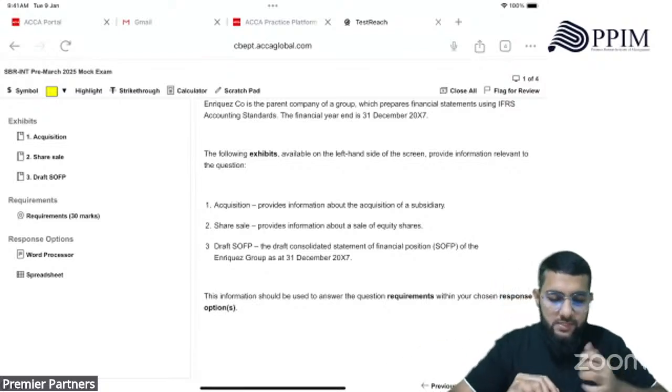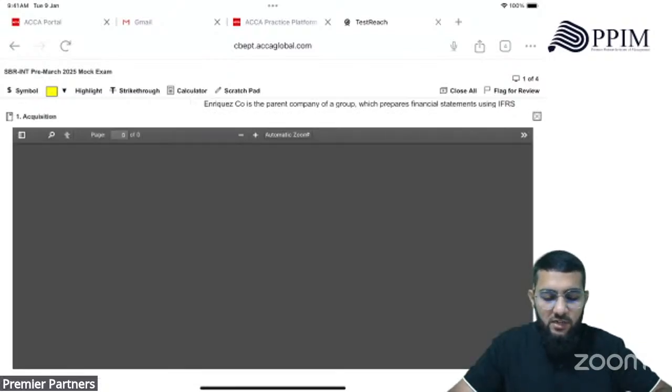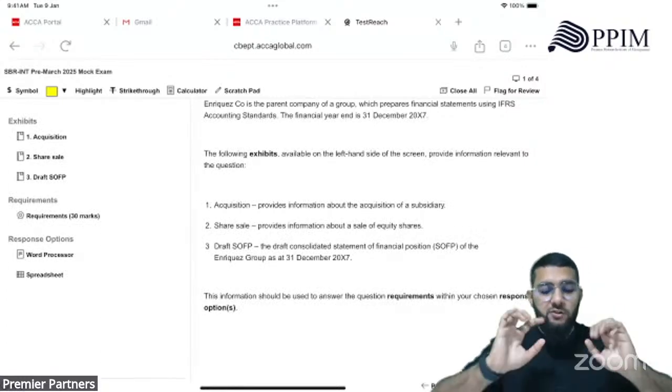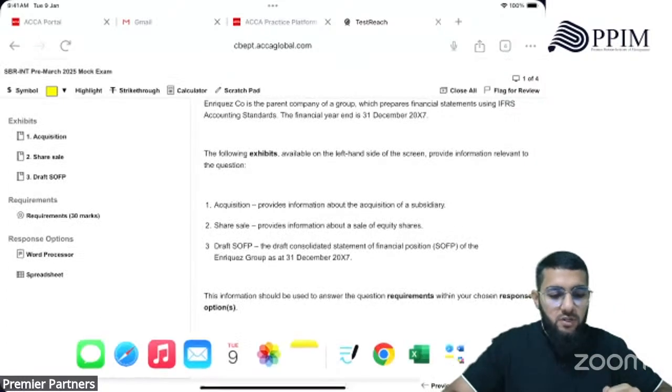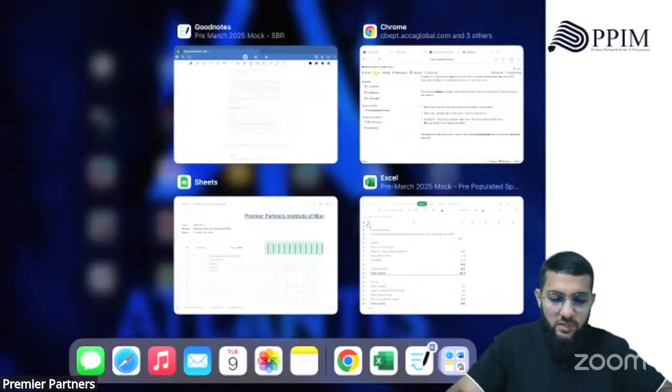Okay, so now let's start reading the requirements, right? You can open these exhibits and you can start reading the question and the exhibits. But in the Word document that I've prepared, I've already put all the exhibits there. So I'm going to refer to my Word document now. What you all are supposed to do is use the practice platform itself.